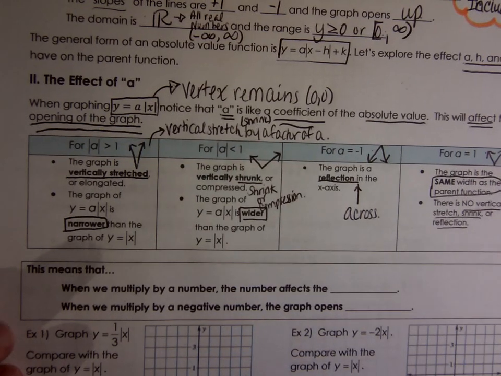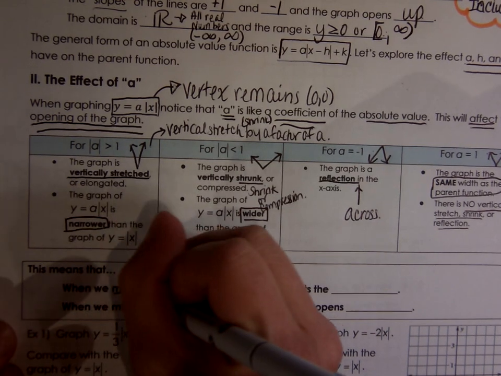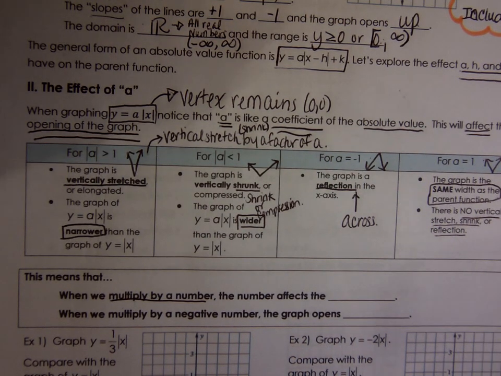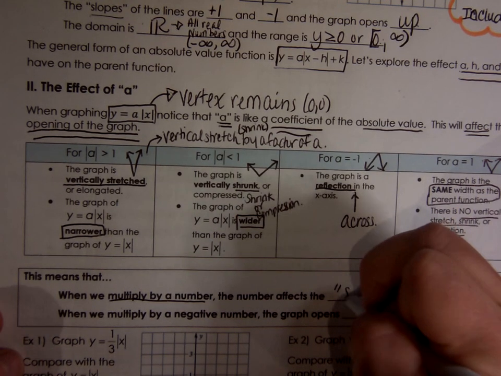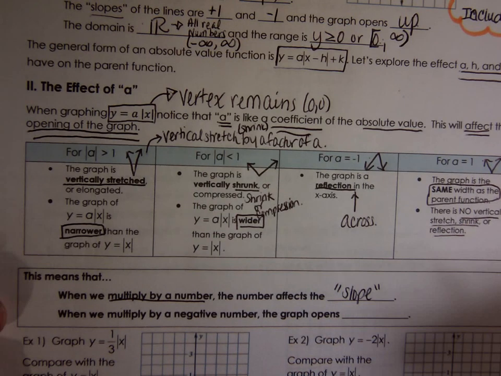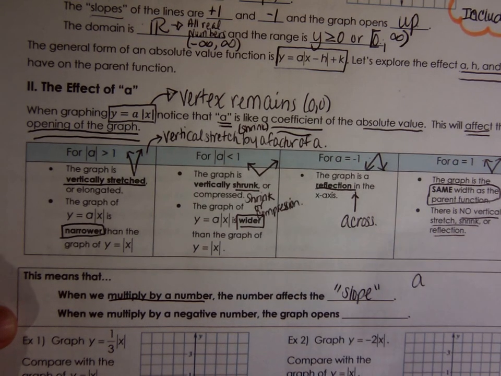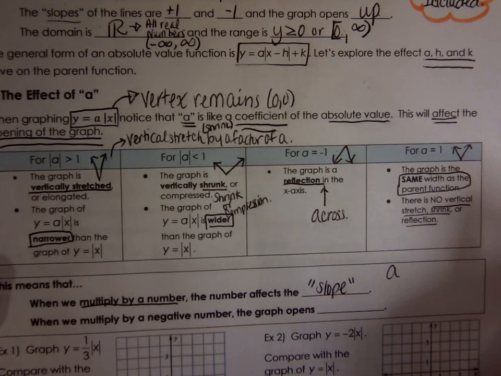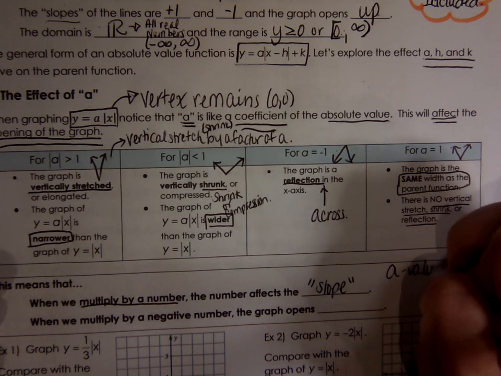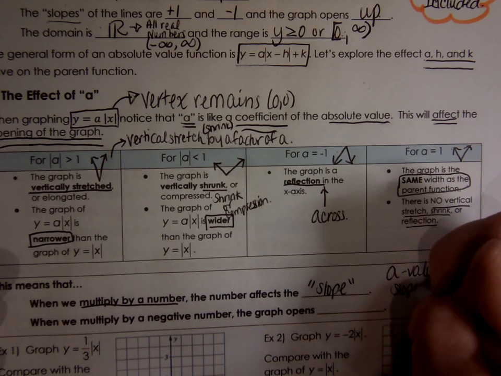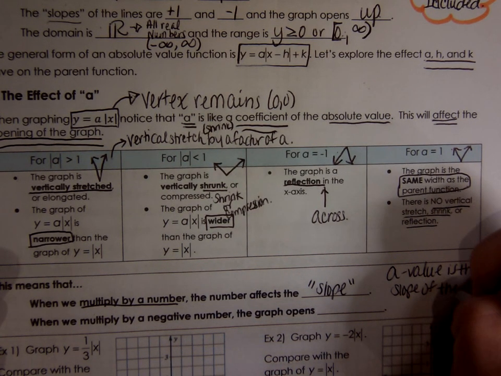So what does our a value mean? When we multiply by a number on the outside, it affects the slope. And more specifically, it affects the slope of the right-hand side. So if you ever wanted to have a little trick that'll help you with graphing these, the a value is the slope of the right-hand side of the graph.